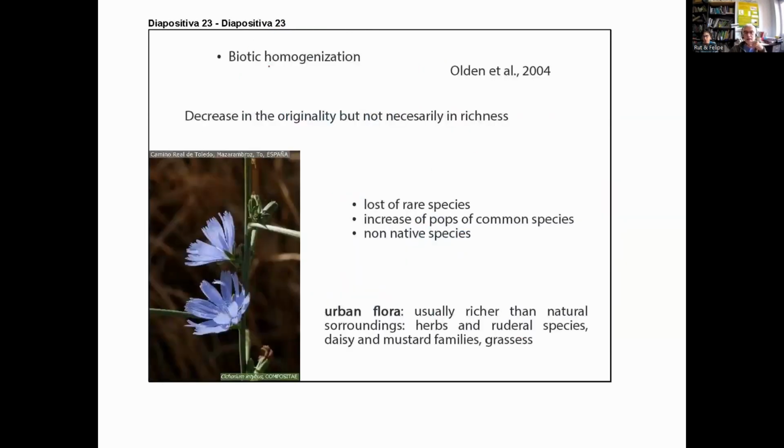You just talk here about one single thing in this type of habitat. What is it called, biotic... oh, this is going to be difficult in English. Homogenization. Sorry, you know what I am talking about.